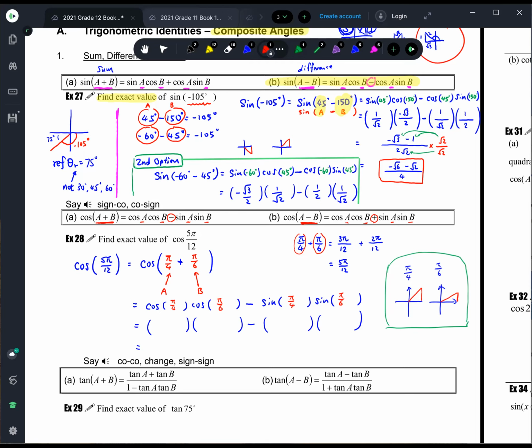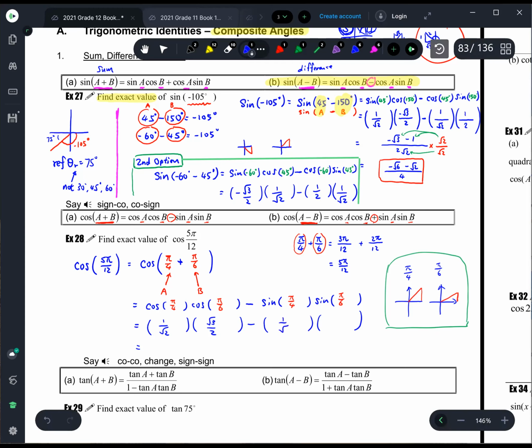Right, Lily, what's your first ratio? 1/√2. Yeah, okay. Nick, second one? √3/2. Good. Okay, sine pi over 4, Sophie? 1/√2. And Waylon, last one?